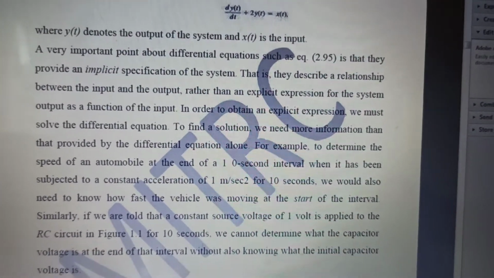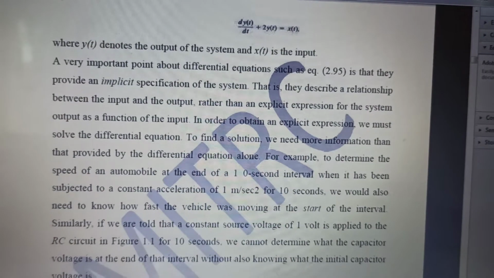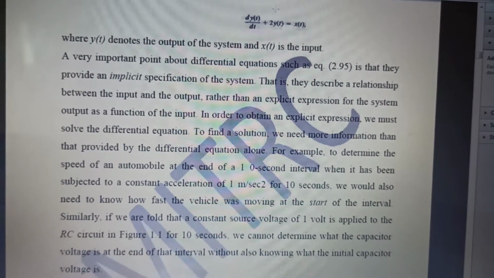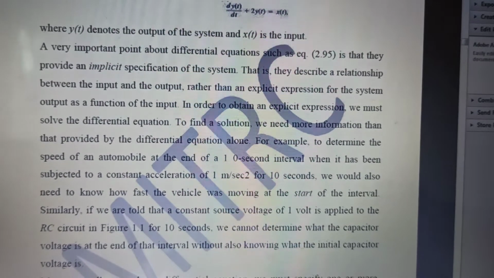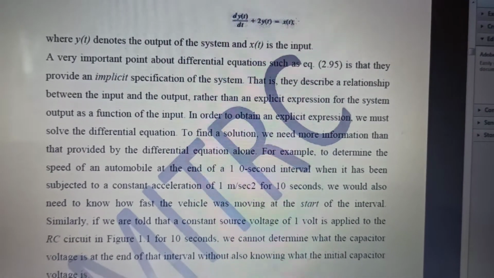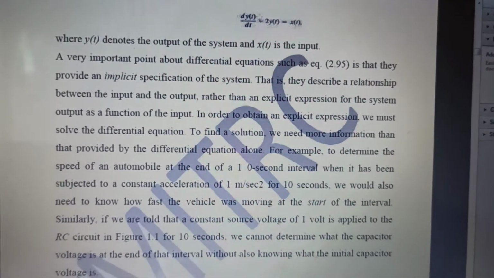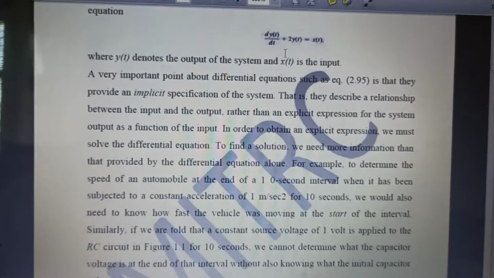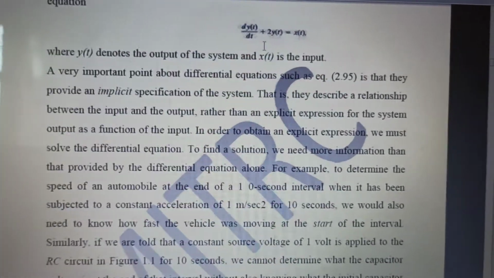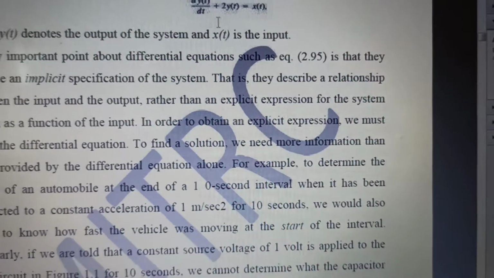So this is a simple linear constant coefficient differential equation. The output is y of t, the input is x of t, and this is dy by dt. Why is it called constant coefficient?